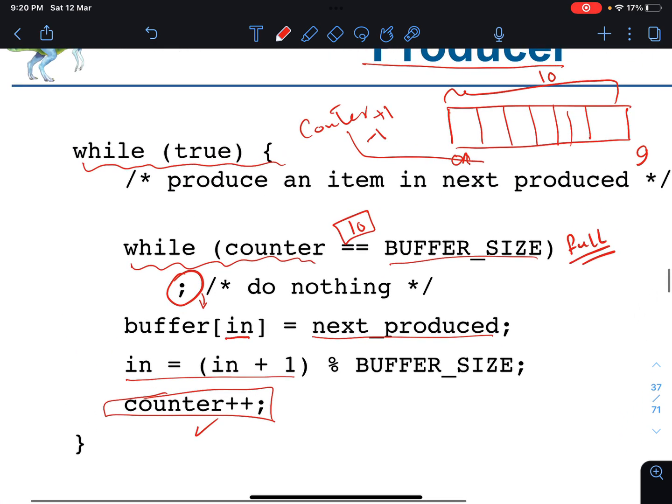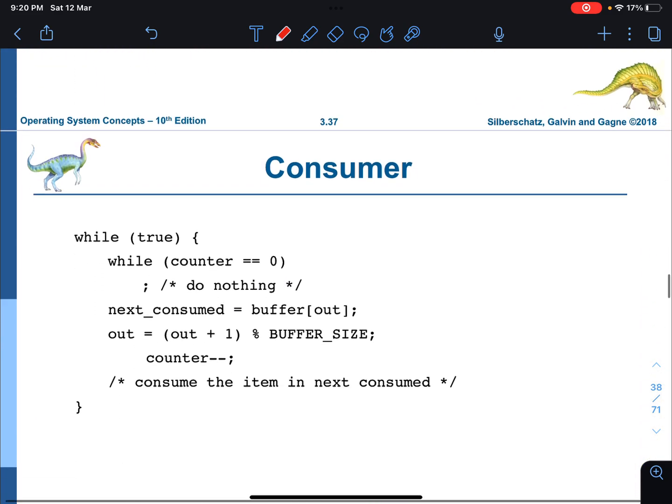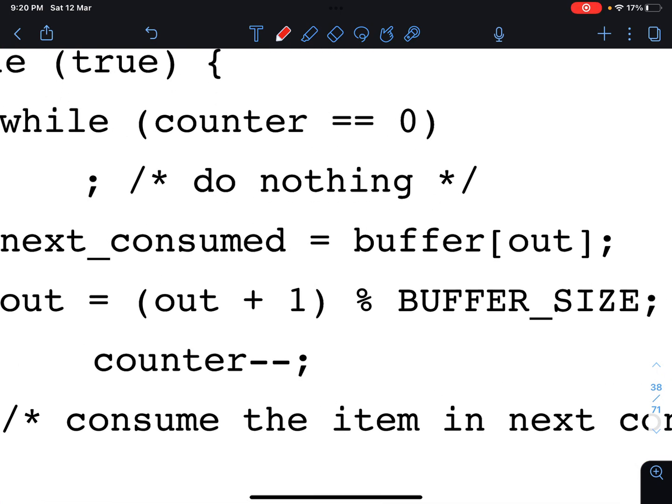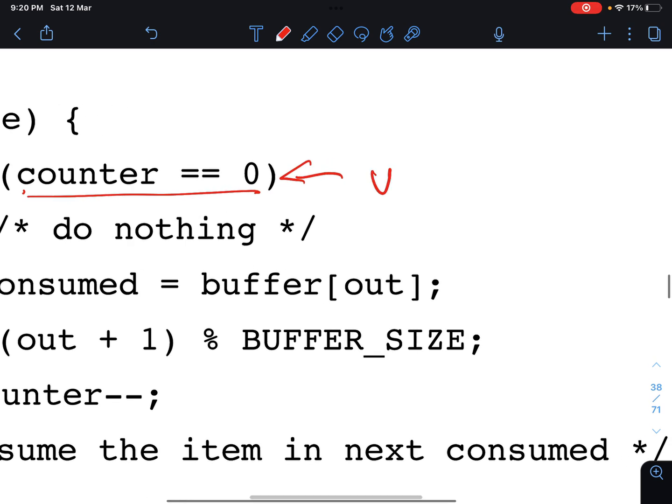This is the producer. How about the consumer? Look, here the consumer. While counter equal 0, do nothing. This is helping you to prevent underflow.